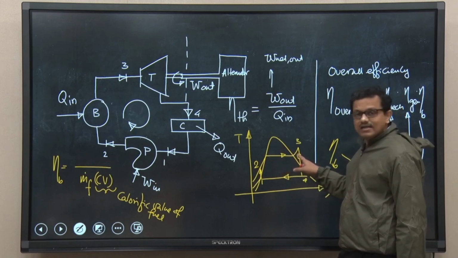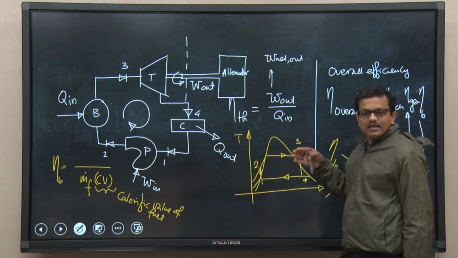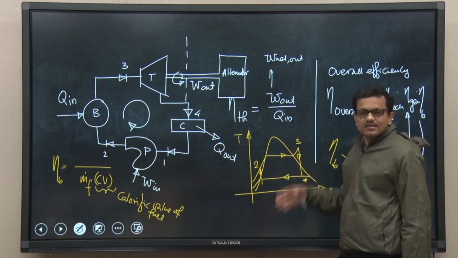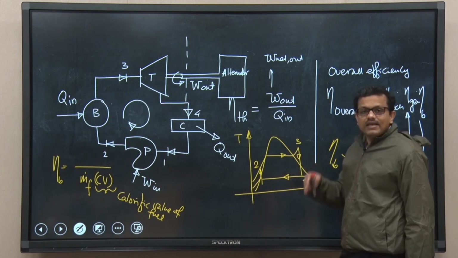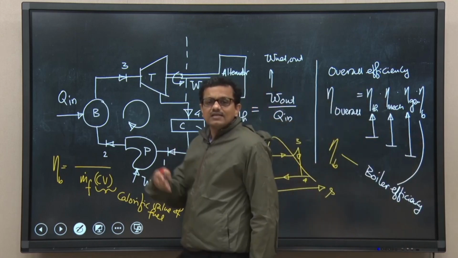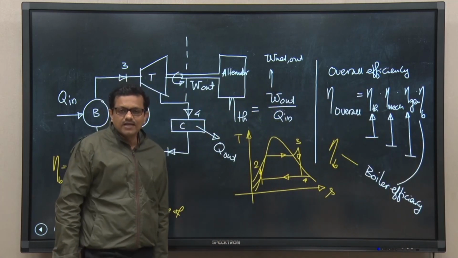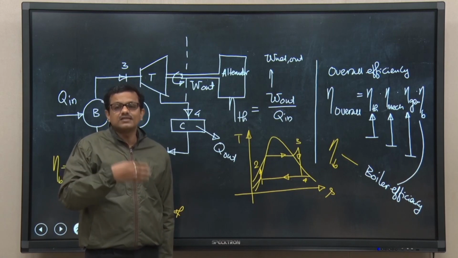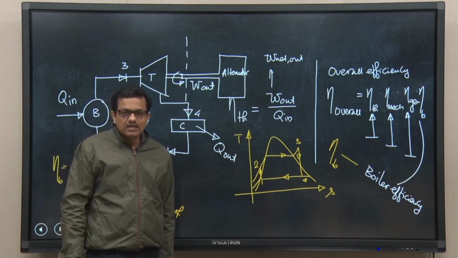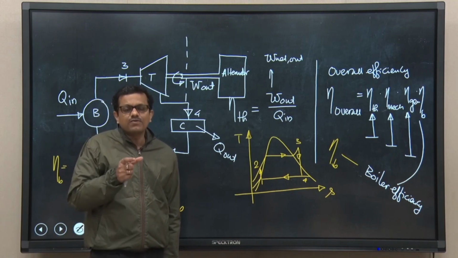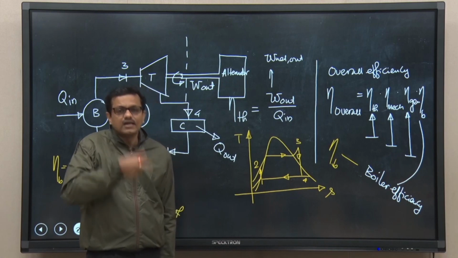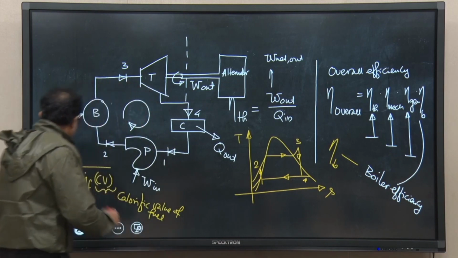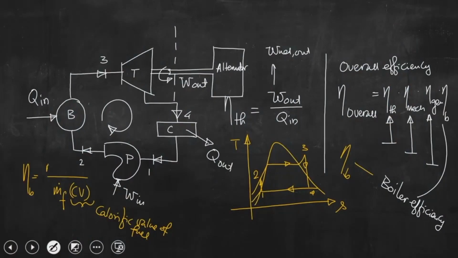If we consider it a steady state steady flow process, ignoring the changes in kinetic and potential energy, let me tell you once again, not the kinetic and potential energy, rather the changes in them, it is possible to write that the amount of heat added to the working substance is nothing but m dot s into H3 minus H2.